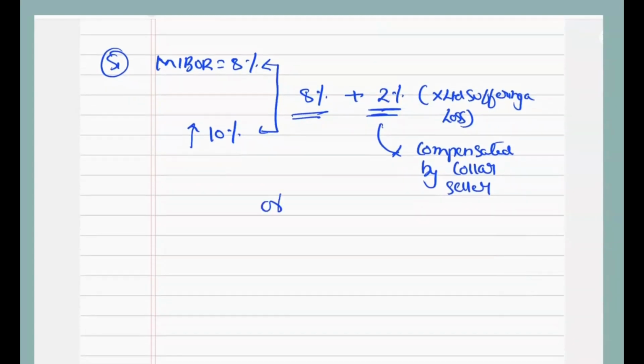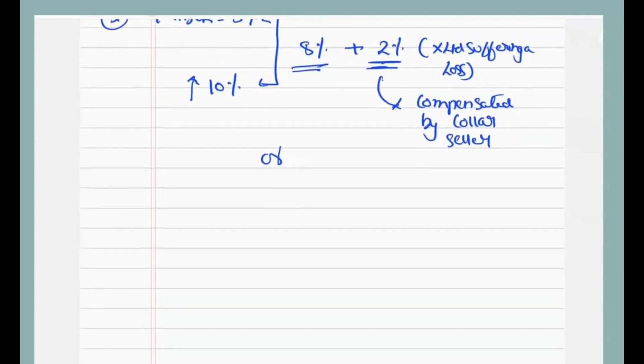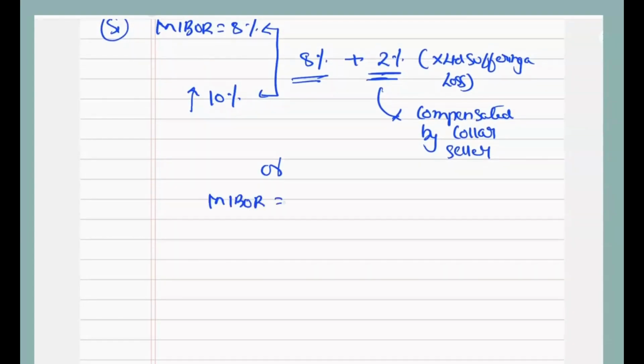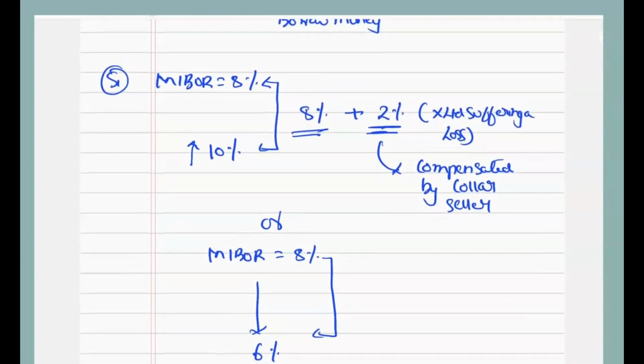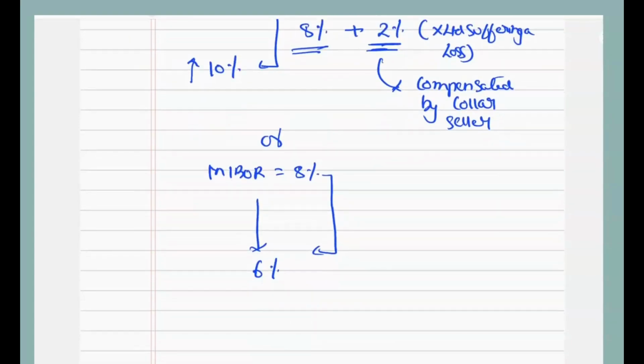We take another situation. Suppose the MIBOR rate is 8% when you borrow the money, and after a few months or few weeks, you find that the MIBOR rate comes down. We had decided to pay the interest at 8%, but now it is more favorable to us, because we have to pay only 6%, not 8%.